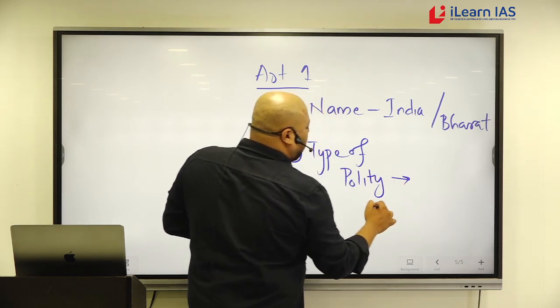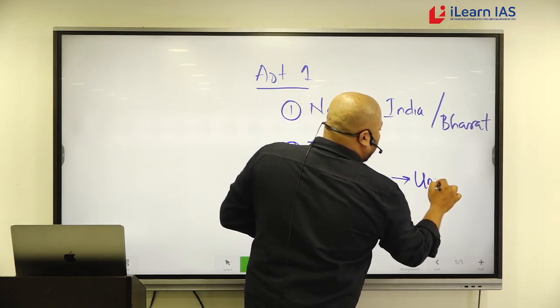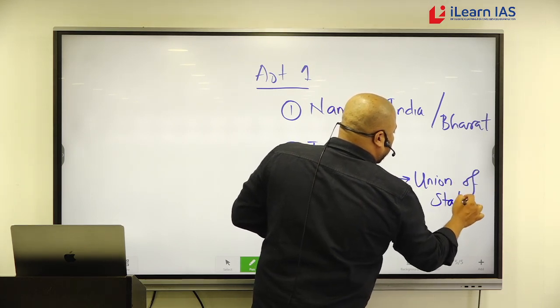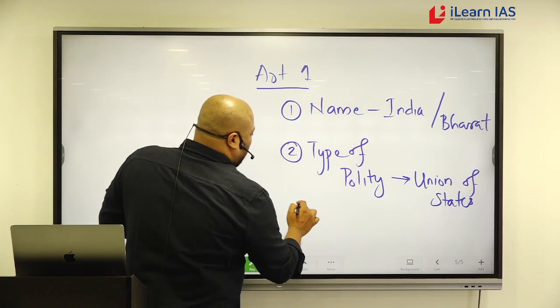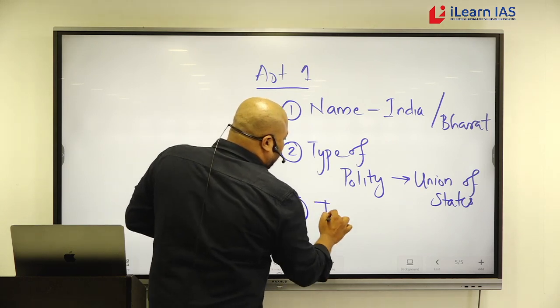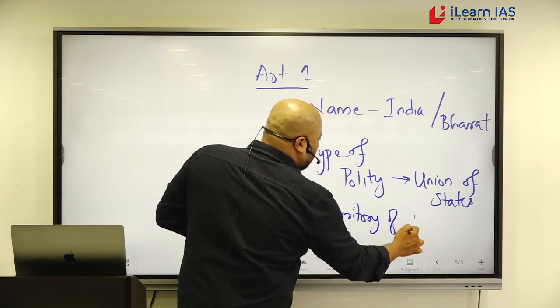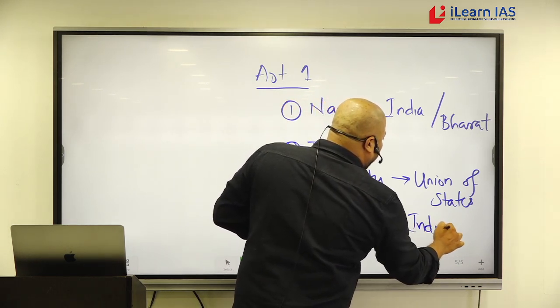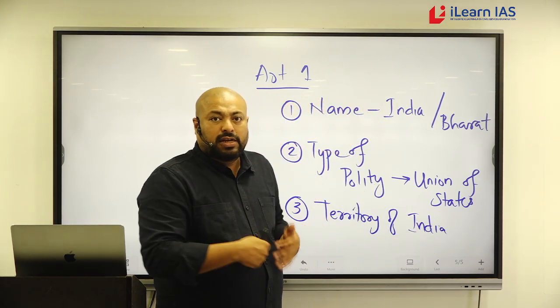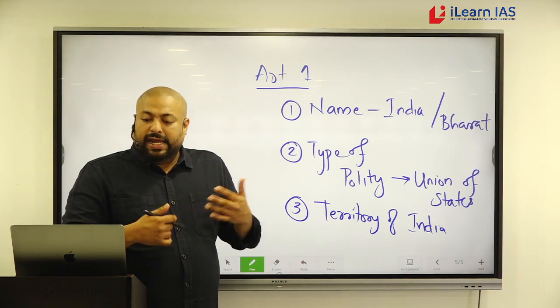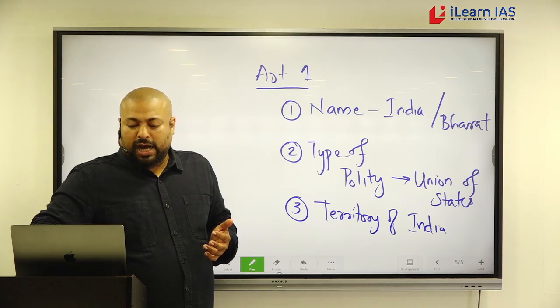We have identified ourselves as a union of states instead of a federation. And the third is the territory of India. The territory of India consists of the territory of the states, the union territories, which come directly under the central government, and any other territories as may be acquired.